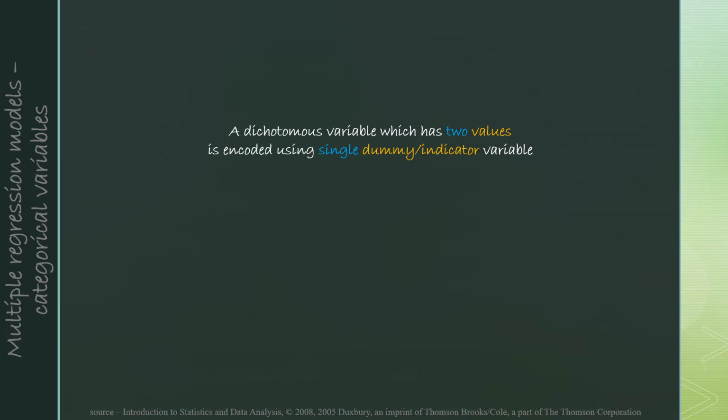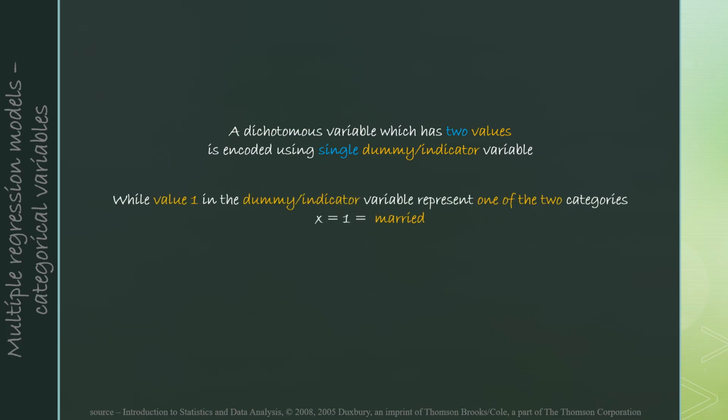A dichotomous variable which has two values is encoded using a single indicator variable. While value 1 represents one of the two categories, X equals 1 means married, value 0 represents otherwise. Otherwise in this case is X equals 0 means unmarried. Therefore, to encode two categorical values, we require a single dummy indicator variable.